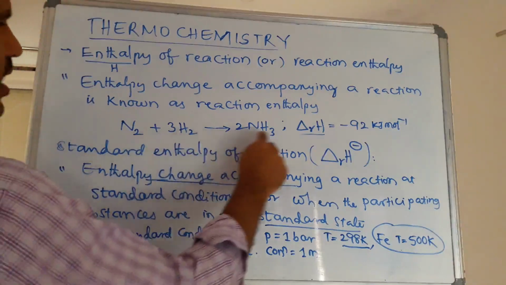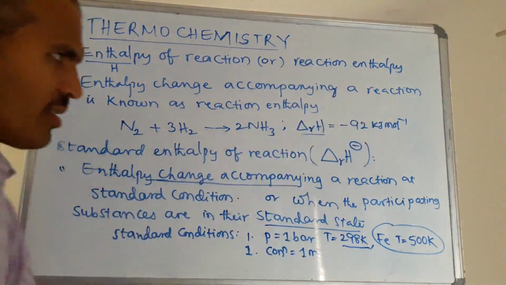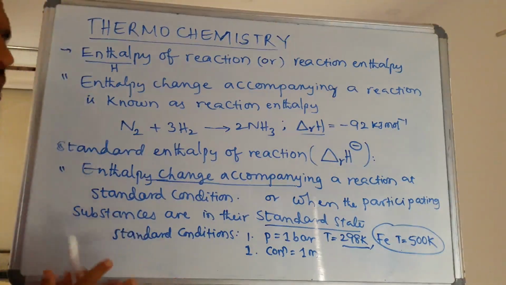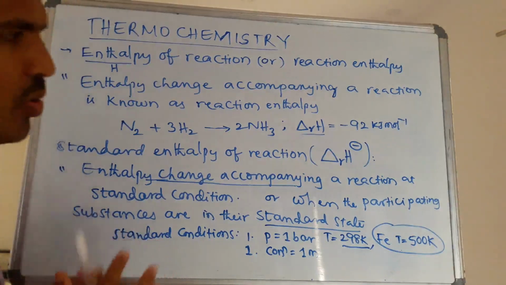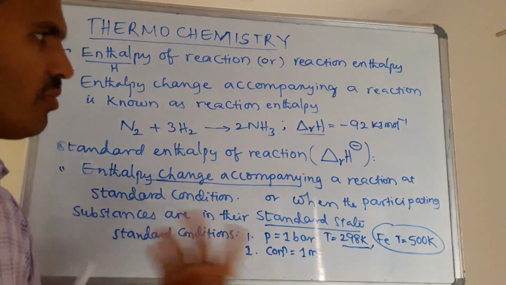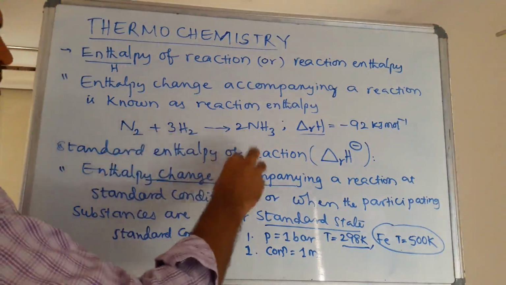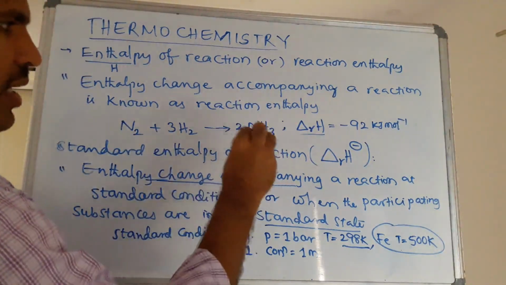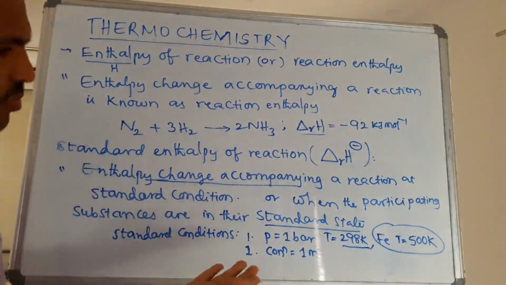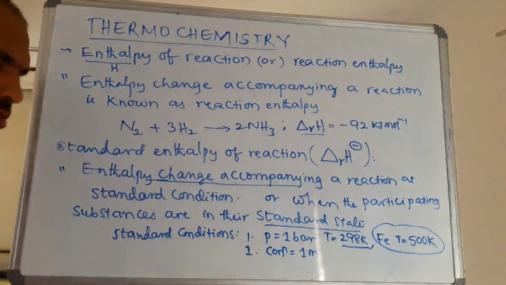Now for the reaction I wrote, the enthalpy change is minus 92 kilojoule per mole. It is an exothermic reaction, meaning according to the equation we have to maintain low temperature. Other factors may affect the formation of product, but according to this we have to maintain low temperature. If it is positive, then we have to maintain high temperature. So that is the use of studying the standard enthalpy of reaction.